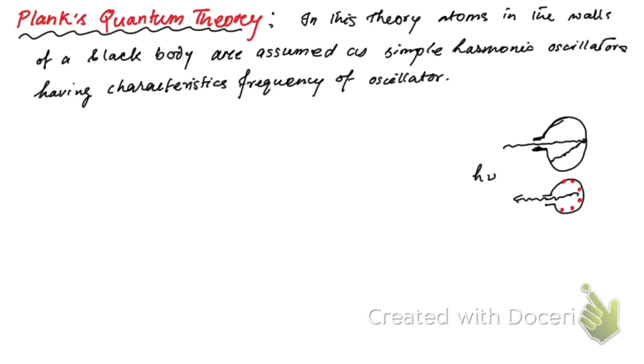So the total energy released is equal to an integral multiple, n can be 0, 1, 2, 3, any integer, of this basic unit of energy. That means according to this theory, the energy is quantized.